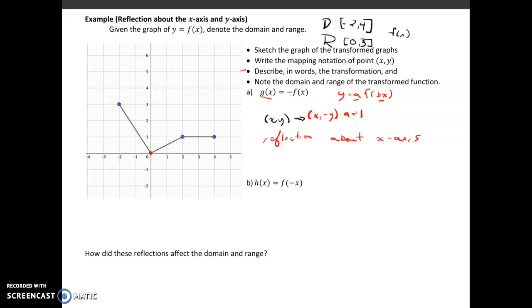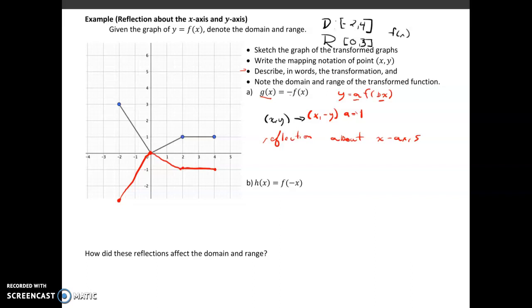This goes down to (-2, -3), all the way down there. This point was (2, 1), it comes to (2, -1). This was (4, 1), it should come down to (4, -1). Simply, there's my function.